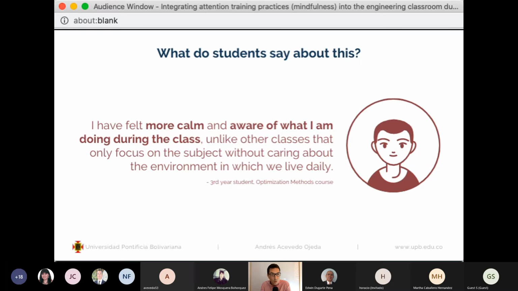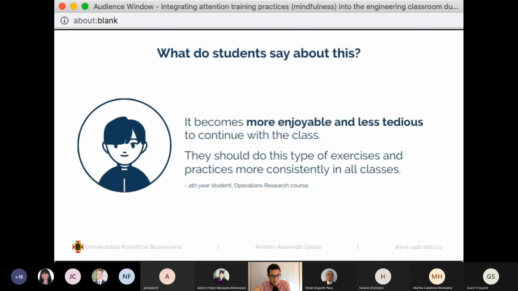Unlike other classes that only focus on the subject without caring about the environment in which we live in daily. It becomes more enjoyable and less tedious to continue with the class. They should do this type of exercise and practices more consistently in all classes.